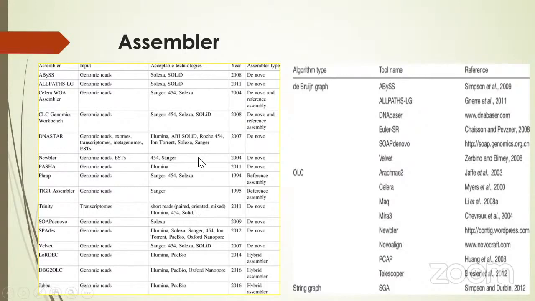These are also useful. For example, Trinity is highly useful in comparative assembly in transcriptomics, for example RNA-seq. These kinds of things we can do with Trinity. So these are different assemblers. Try to remember a few popular names, and also remember which category each belongs to.